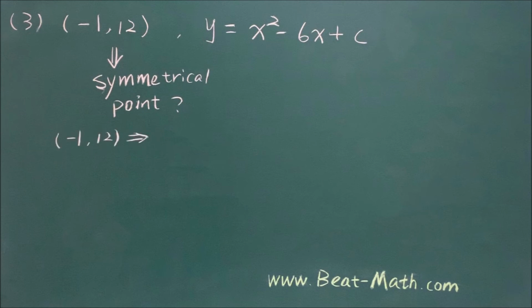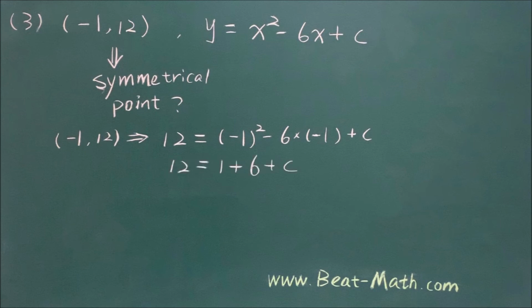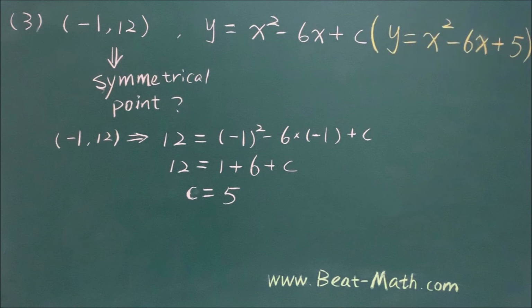The function becomes 12 equals negative 1 squared minus 6 times negative 1 plus c. Remove the parentheses and we get 12 equals 1 plus 6 plus c. So c equals 5. The expression of the function is y equals x squared minus 6x plus 5.